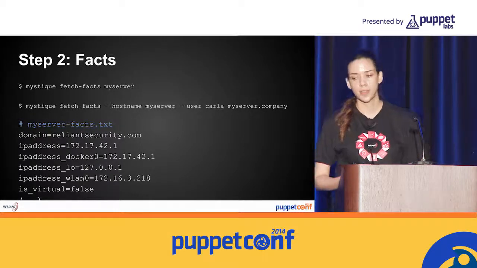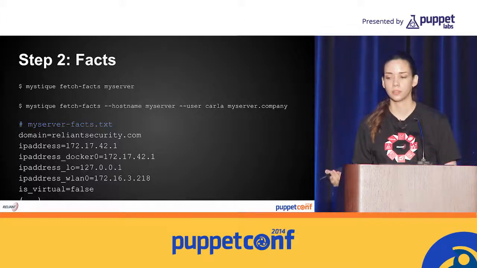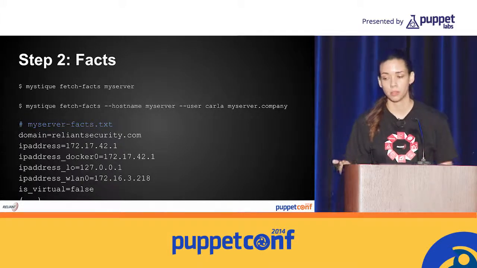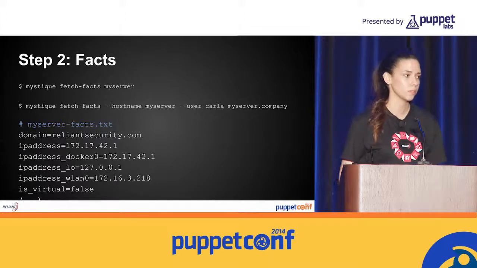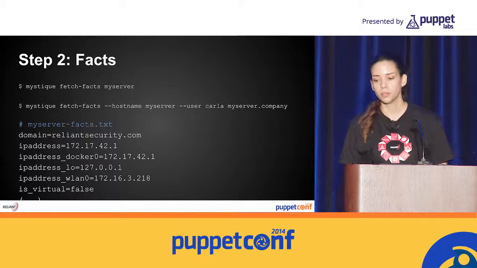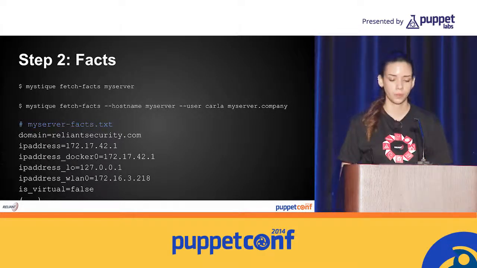Or you can set the hostname of the node that you're going to target if it has a different domain that is going to be reachable from it. And you can also specify the user, if it's not the current user you're calling Mustique with. So it will generate this text file, and you can add or remove any fact that you want.